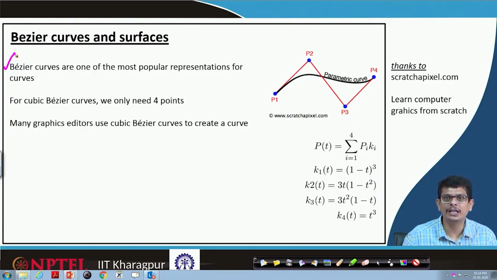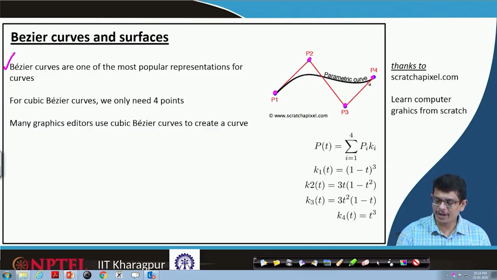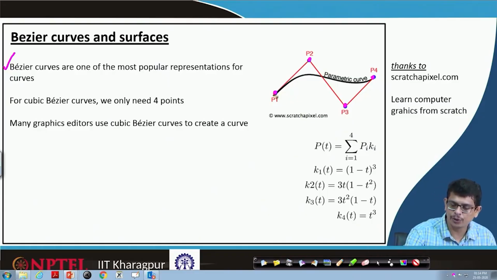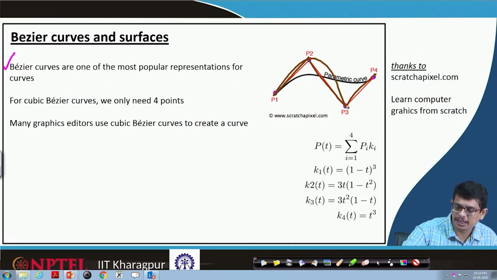And when we are drawing such kind of curves, we require only 4 points to construct that smooth curve. For example, we have points P1, P2, P3, P4. One way of representing this is, maybe I will just construct a line, or perhaps I just construct something like a spline.